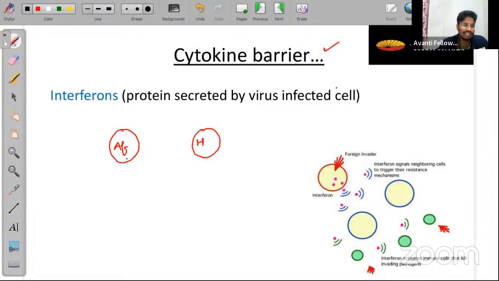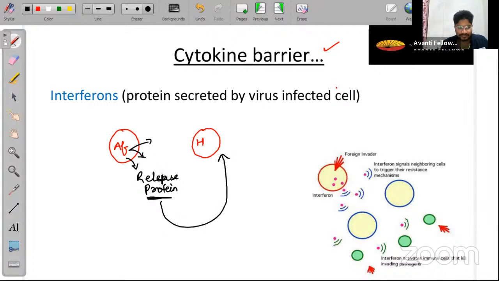It will release some chemical or protein. That particular protein goes and binds to the healthy cell.